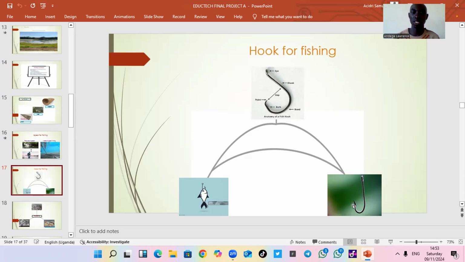So when a bait is fixed there, it attracts the fish, and in due course, the fish gets attracted and consumes it. So we can use hooks, and these are the various pictures that we can use for showing the hook method of fishing. We can also use this one in lesson development for learners to understand that apart from spear fishing, there is also the hook method of fishing.